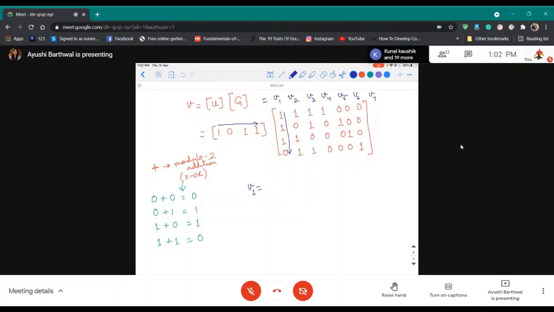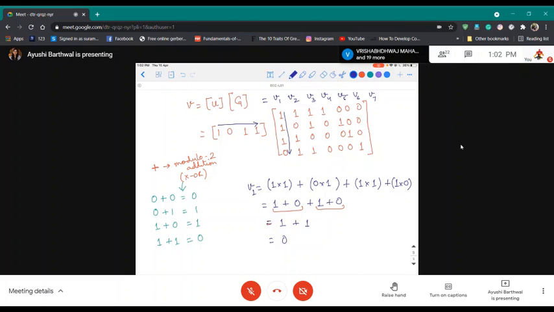So V1 will be equal to 1 into 1, 0 into 1, 1 into 1, plus 1 into 0. So 1 plus 0 is 1, and again 1 plus 0 is 1, and 1 plus 1 is 0.